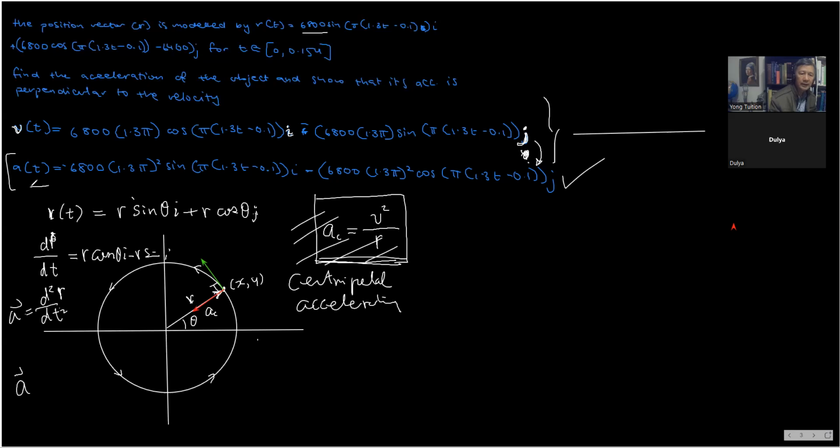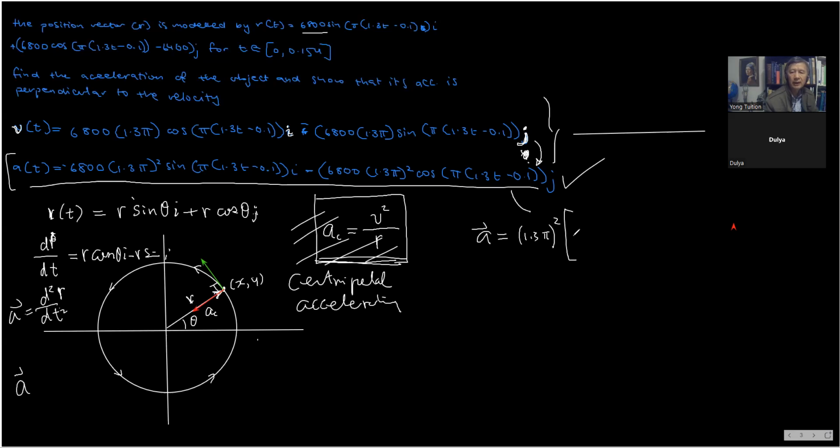Can you rewrite this result as a phasor? Can we put any constant here? So that is 1.3 pi squared, right? And inside it's just negative r.